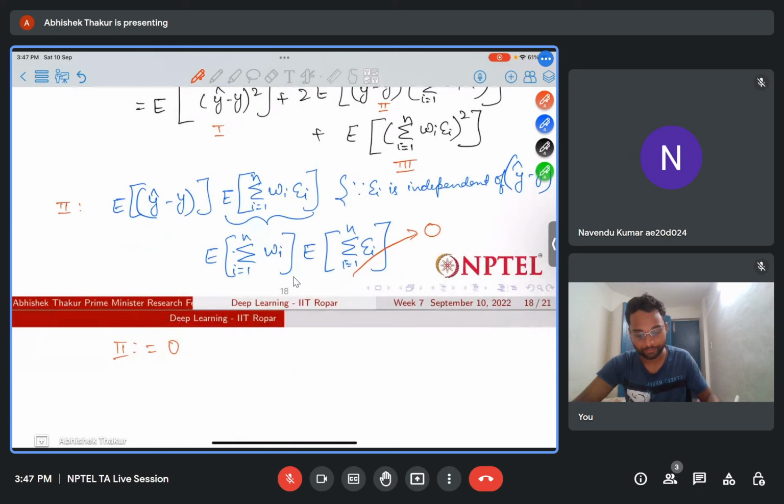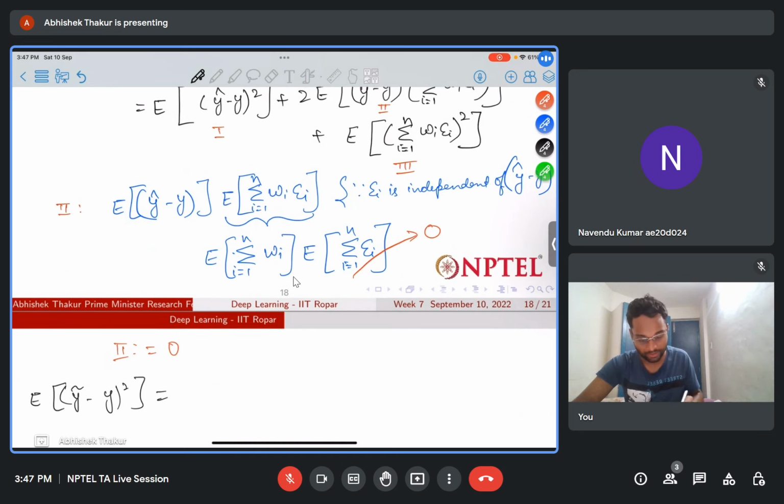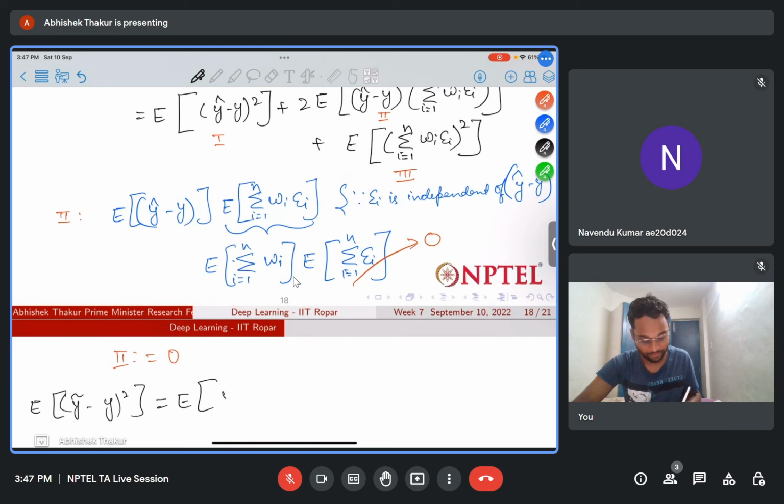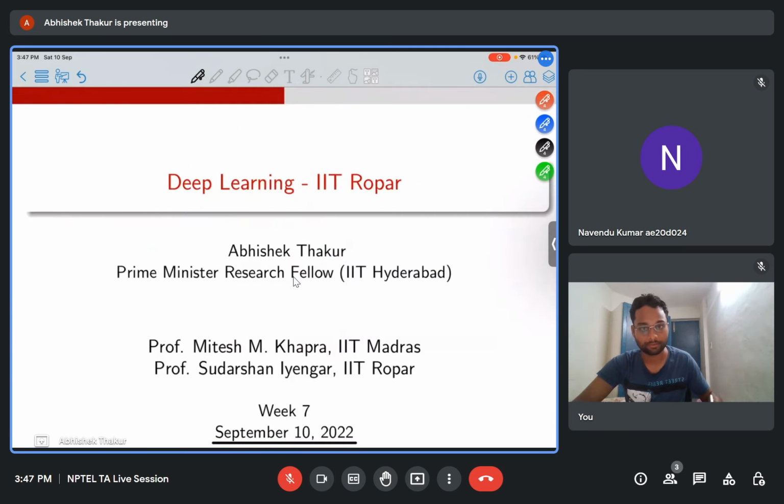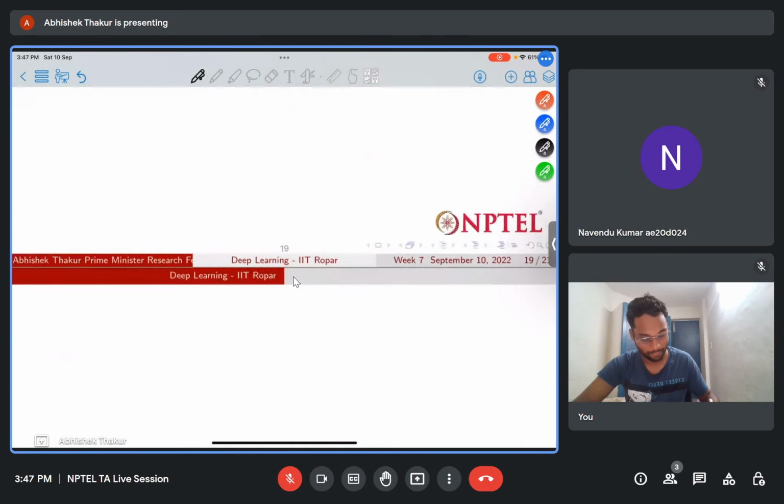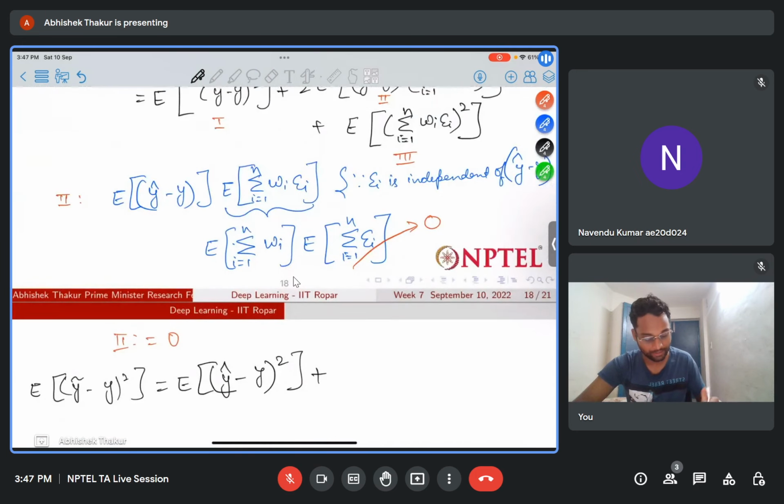So this will become the expectation of y tilde minus y, squared, which is equal to the first term, the expectation of y hat minus y whole square, plus the third term.